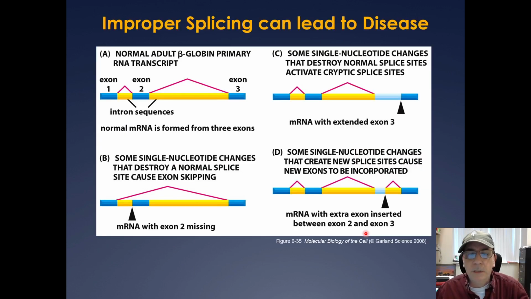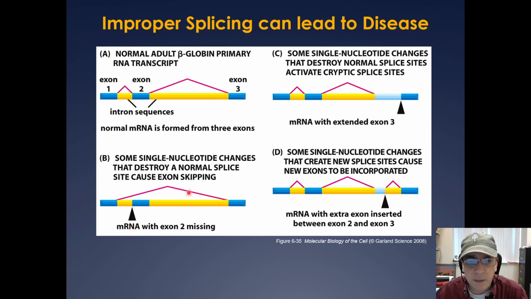Now, the reason splicing is so important is that improper splicing can lead to disease, and it's pretty common. If you get a mutation that's not in a coding sequence, it can be in the intron, what can happen is you can come up with a cryptic splice site, which will add all of this transcript on. And sometimes this can throw the protein out of frame, depending on where it occurs.